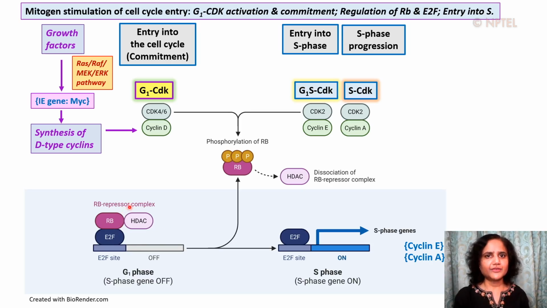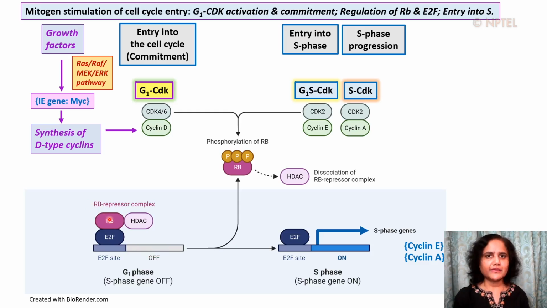E2F binds to its target sequence whether or not RB is present. But when RB is present and it binds to this E2F, it acts as a repressor. So the E2F-RB complex represses transcription of these E2F regulated genes.